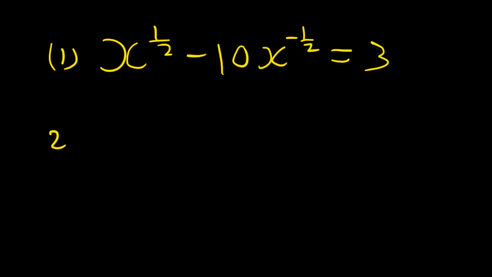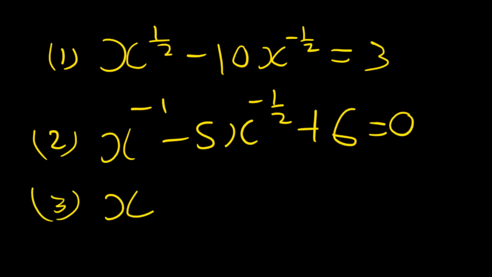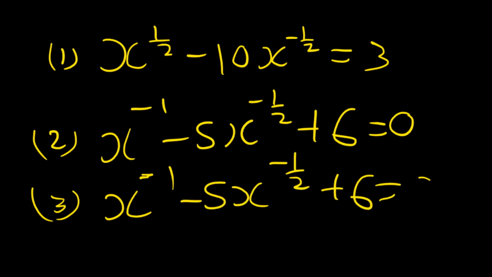Try out this one, and also try out this one, 5x to the power of minus 1 over 2 plus 6 equals 0, and try out this third one, which is x to the power of minus 1 minus 5x to the power of minus 1 over 2 plus 6 equals 0. Try out these 3 problems. Let me know the solutions of these 3 problems in the comment section. If you're struggling with any of these 3 problems, also tell me. I will do a video specifically for those problems you're struggling with.